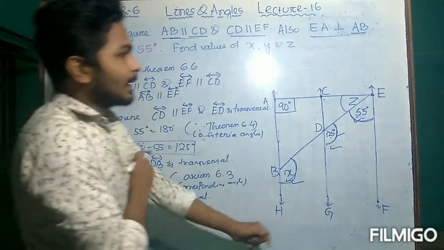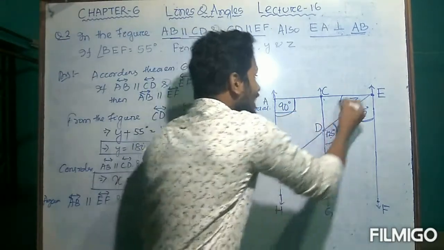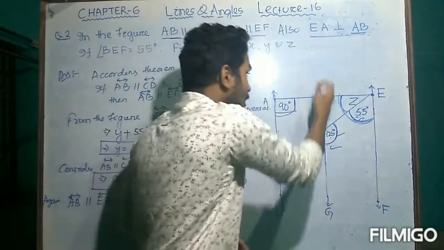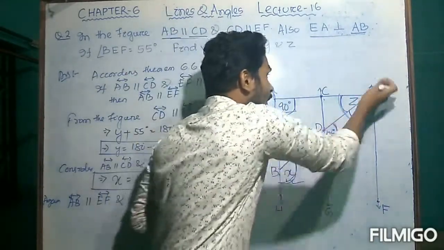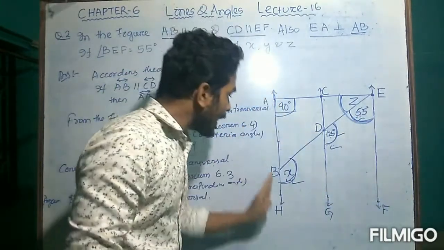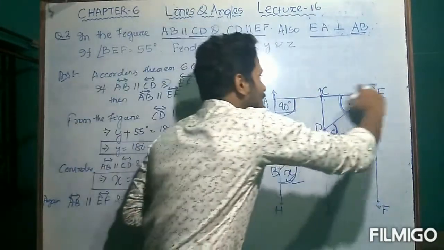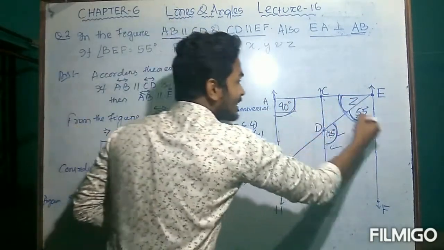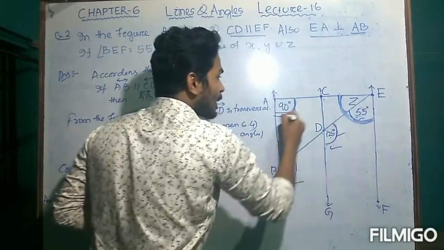Then for this angle and this angle, forget about everything, forget about CD, forget about B, only consider the lines EF and AB. This is the transversal line. Now this angle and this angle are known as which type of angle?